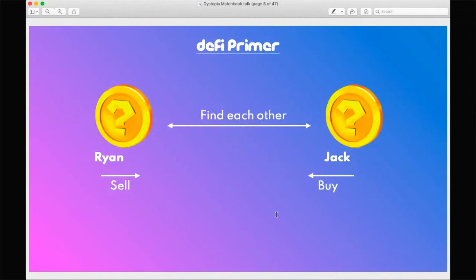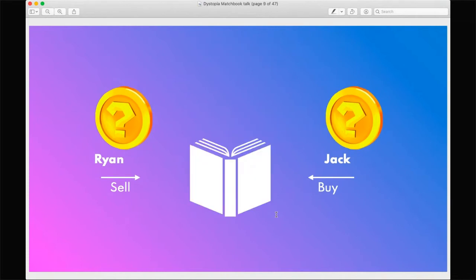All right, so a little bit of motivation here. We have our good friends, Jack and Ryan, and Jack and Ryan have some precious assets, and they want to trade them. The easiest way for them to do this is they find each other and they swap it. The second easiest way is that they find a bookie.